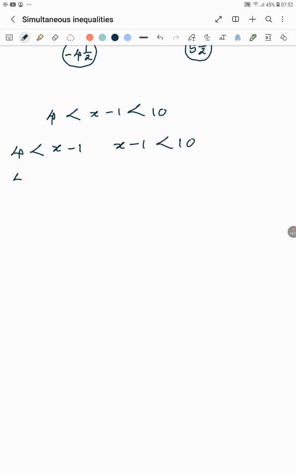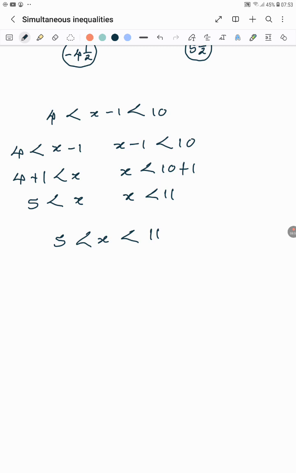You solve here 4 plus 1 less than x in here. So you're going to have 5 less than x, and you solve the right hand side inequality. You're going to have x less than 10 plus 1 and x less than 11. You combine your solution. Here you're going to have x greater than 5 but less than 11.